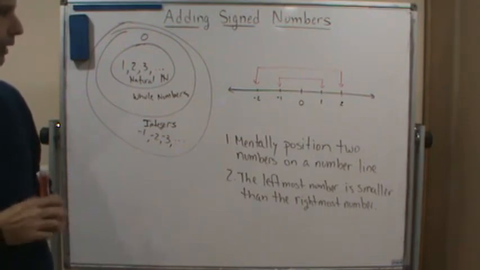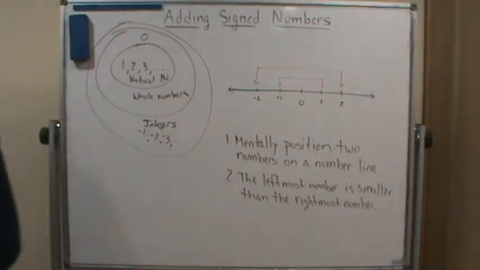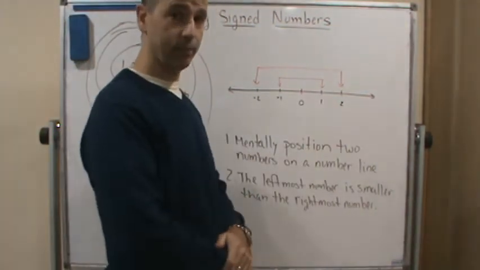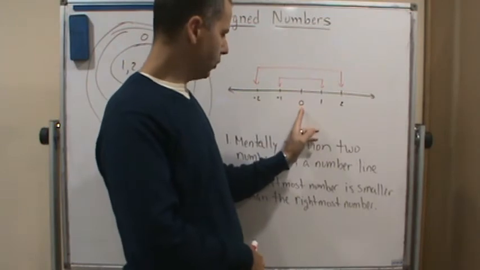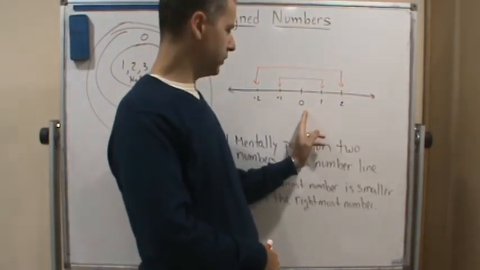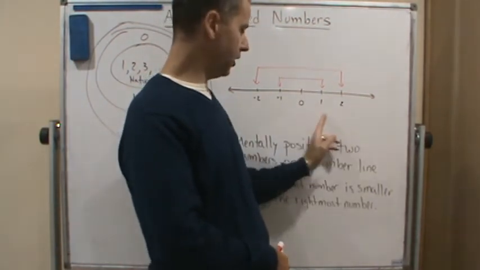Now, also, what about this idea of size? Well, we can also get that from the number line. So again, position matters. Notice that as you go to the right on the number line from 0, the numbers get larger.